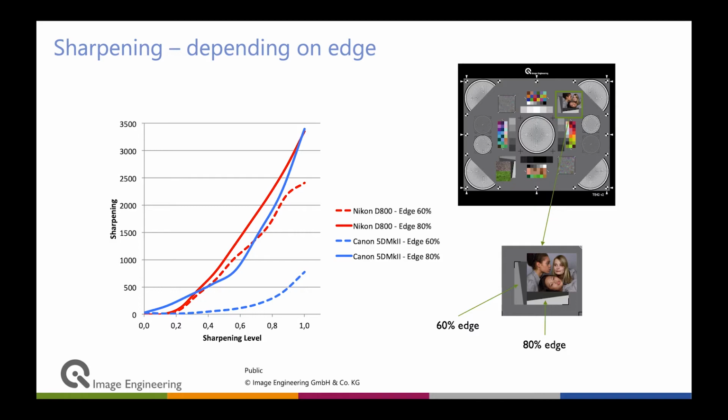We see that the Nikon has very similar results for high contrast and low contrast, while the Canon makes a huge difference between high contrast and low contrast edges. So with this simple measurement, just a bunch of images, we can learn about the image processing of this camera. If you want to learn from your own device, or maybe from the competition, these are very useful tools to do this.